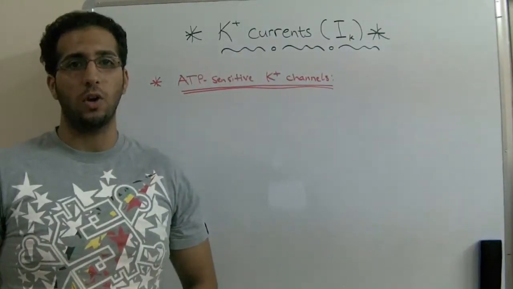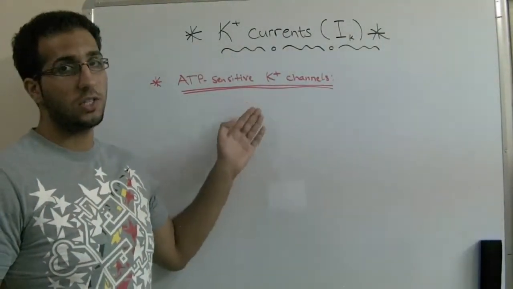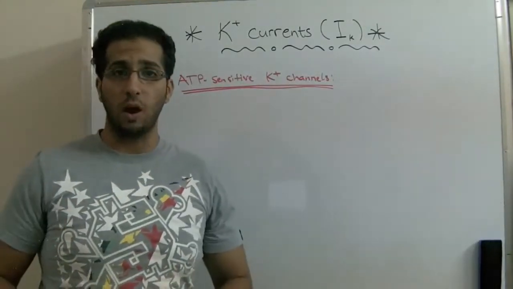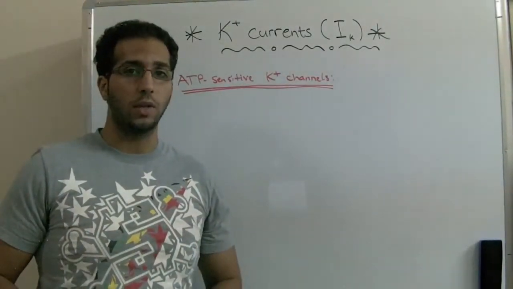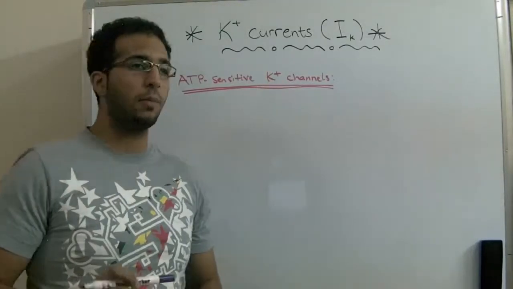And now we're going to talk about how potassium channels are sensitive to ATP. Potassium currents depend on the ATP and ADP ratio in the body.